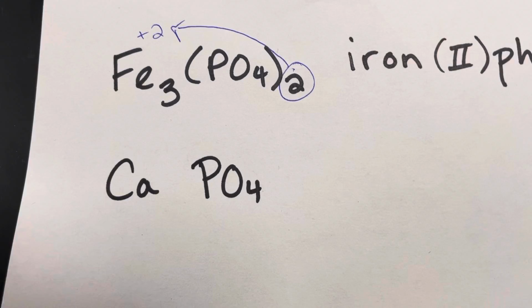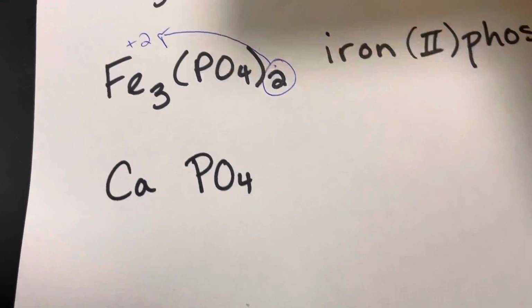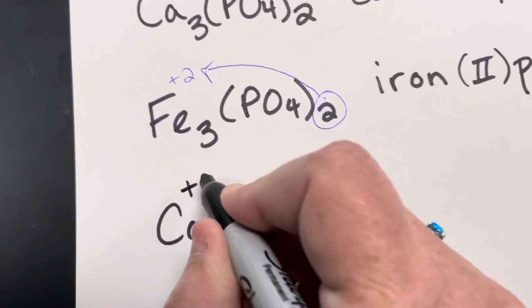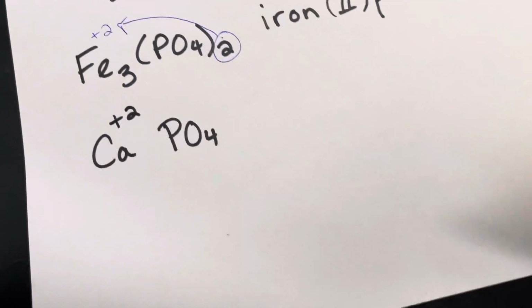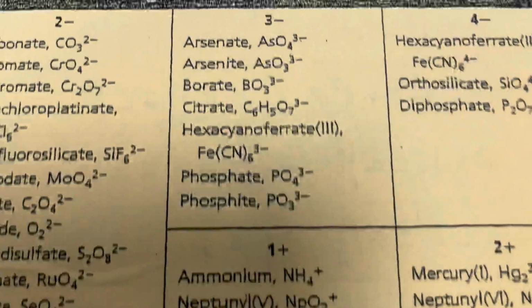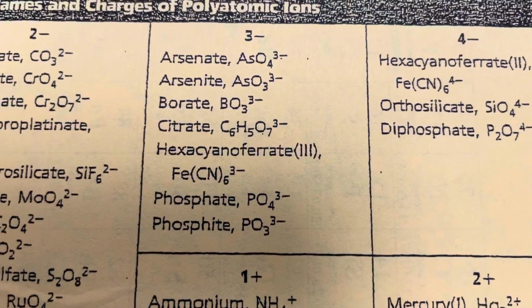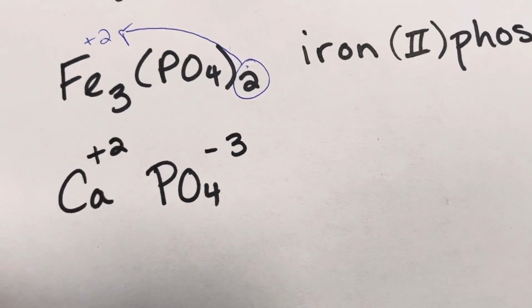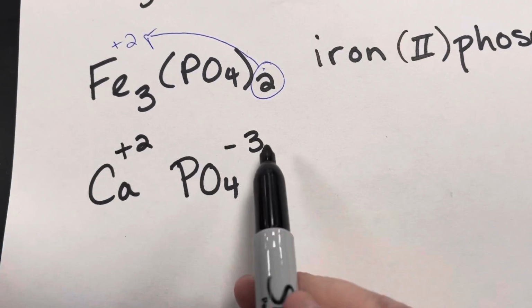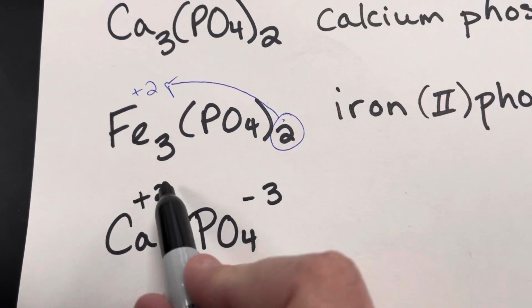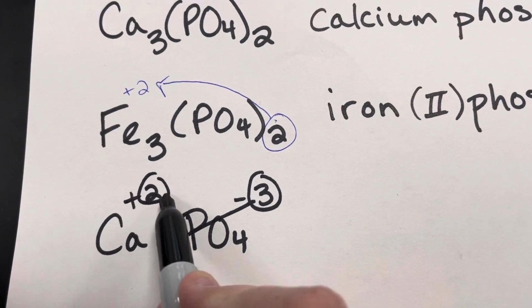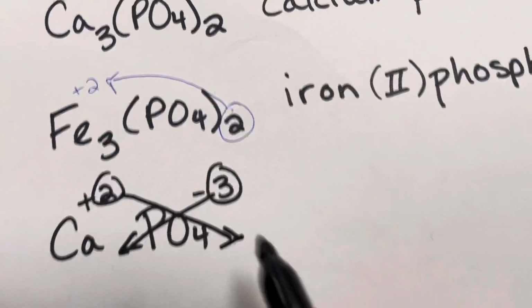When we have calcium and phosphate, you would look at the periodic table and you'd see that calcium's in the second column, so it's a +2. And then you'd look at the back and you'd see that phosphate is a -3. Okay, since those charges don't cancel each other out, we cross them over and drop them down, just like we did with the binary ones.